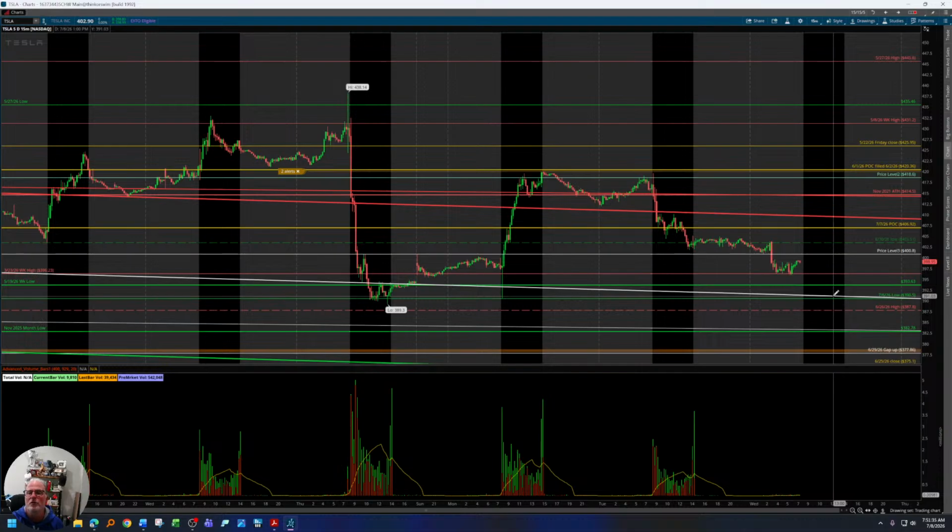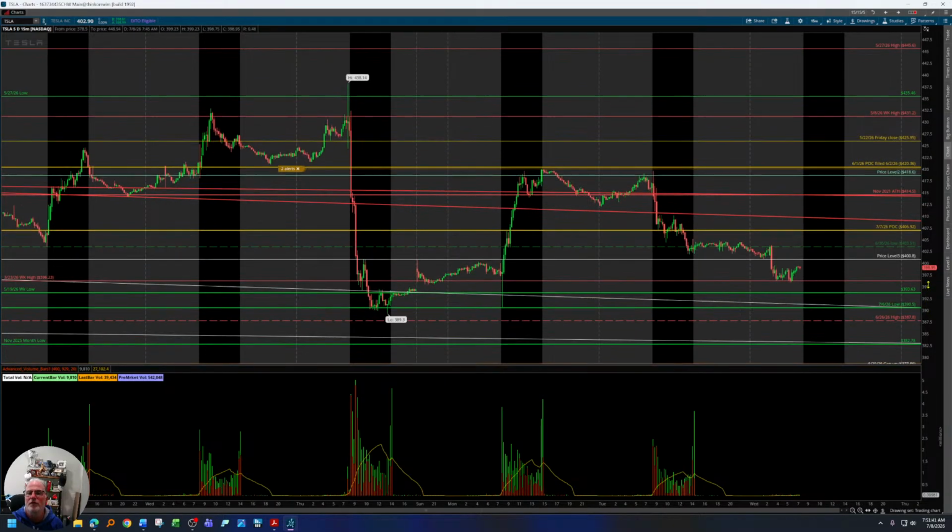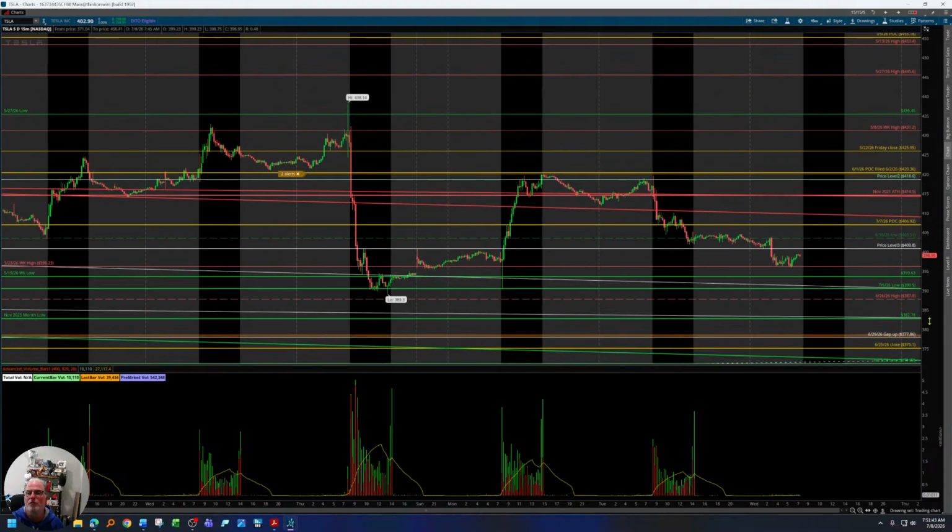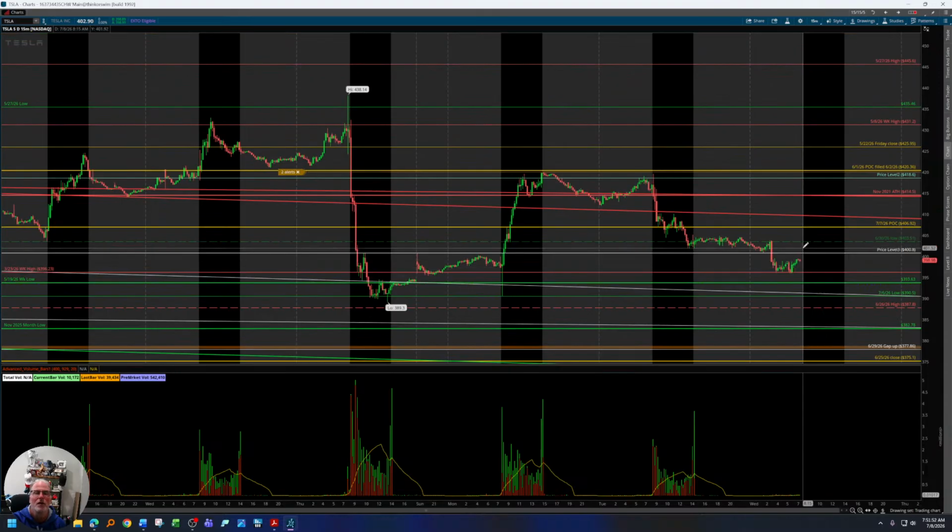And then it's also a low from Monday. So we could potentially test the low from Monday. If we lose the low from Monday, then the next levels that I would probably look at are between 382 and 387 for some support. So watch a little pop and fade maybe today.